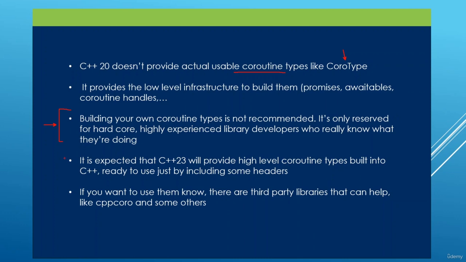In C++20, we will have actual coroutine types we can use, like corotype. So if you want to use them right now, a good option is to use third-party libraries like CppCoro and a few others, and that's going to give you the ability to use coroutines without actually going to go and mess with the coroutine infrastructure that we just learned about here.